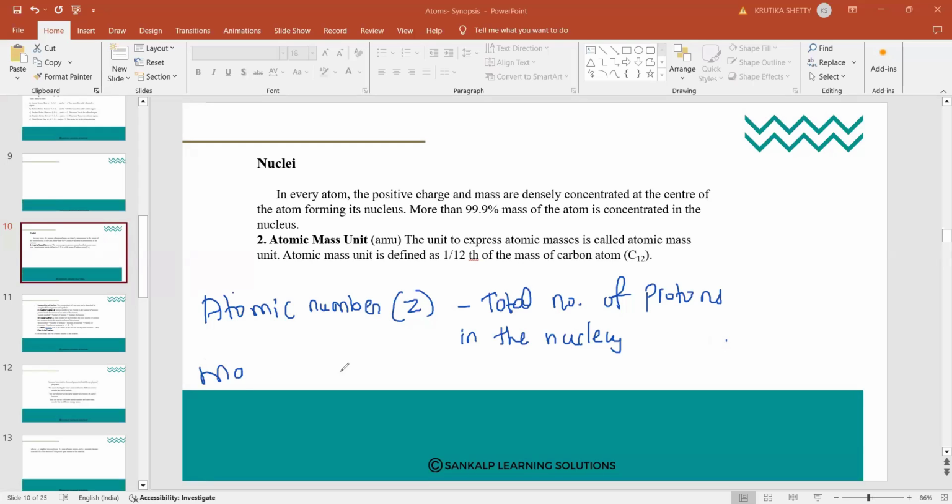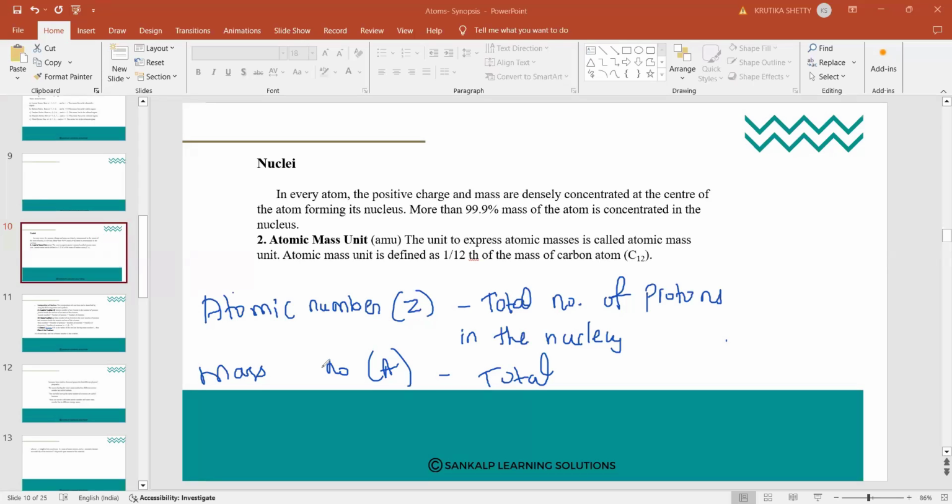The mass number is denoted by the capital letter A. The mass number is the total number of nucleons, that is, the total number of protons and neutrons together.